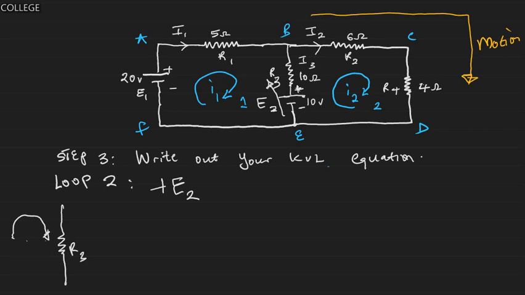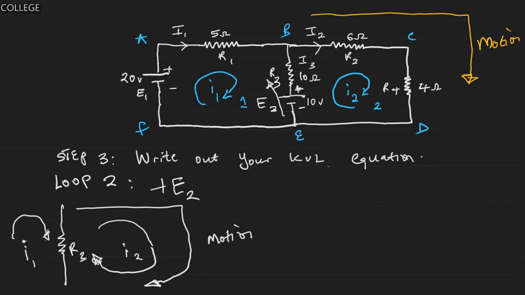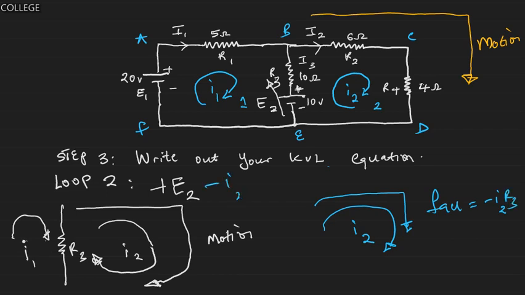Once again, we have two currents flowing through resistor R3 because it is positioned in between the two loops. But in this case, we are analyzing resistor R3 from loop 2 perspective. In the first case, our direction of motion in the second loop is clockwise, and the direction of current in the second loop, I2, is also clockwise, so we have a fall in potential. We have minus I2 R3.